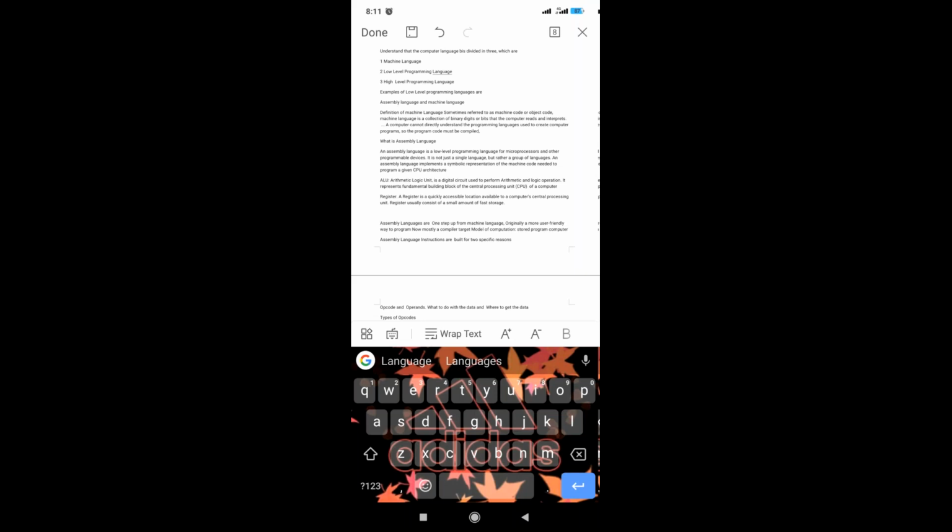An assembly language is a low-level programming language for microprocessors and other programmable devices. It is not just a single language, but rather a group of languages. An assembly language implements a symbolic representation of the machine code needed to program a given CPU architecture.